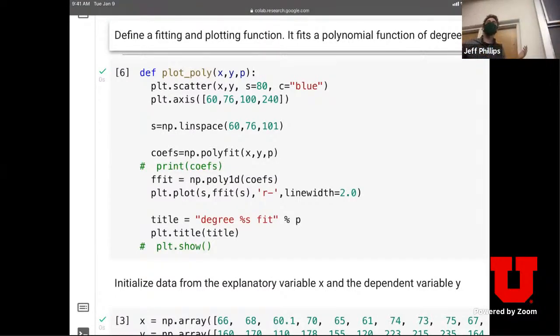And it's a nice function for this sort of demo because it outputs these fits, which are going to be a function I can evaluate. Then I can evaluate that function at all the s values in my linspace, right? Those are the x values I want to evaluate at. And then I draw this red line with a line width you'll be able to see. And I'm going to plot it. And this is how I put a title on my plot. So this is just a function in Python that will do the plotting of the points.